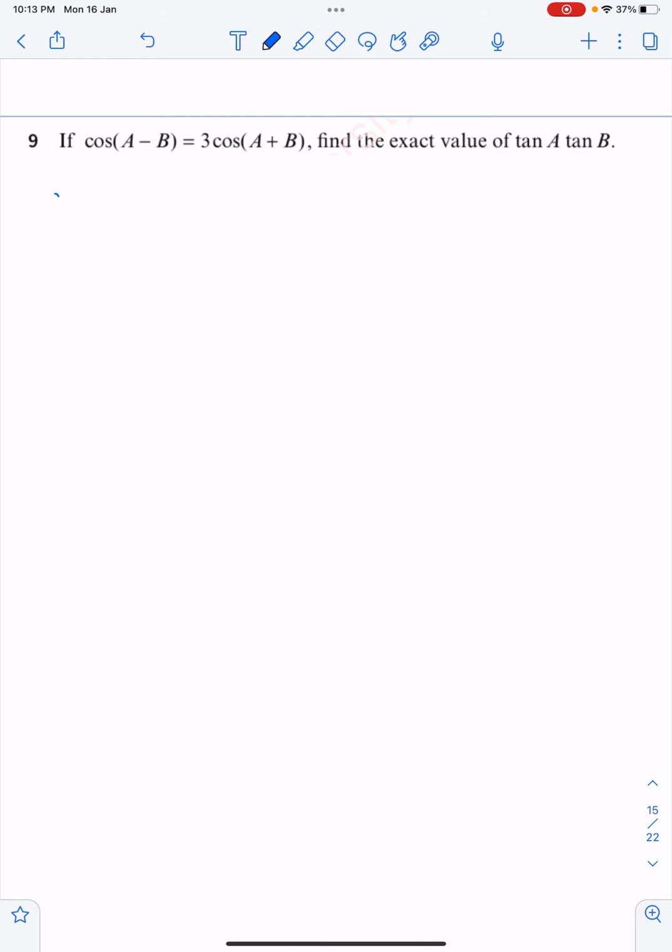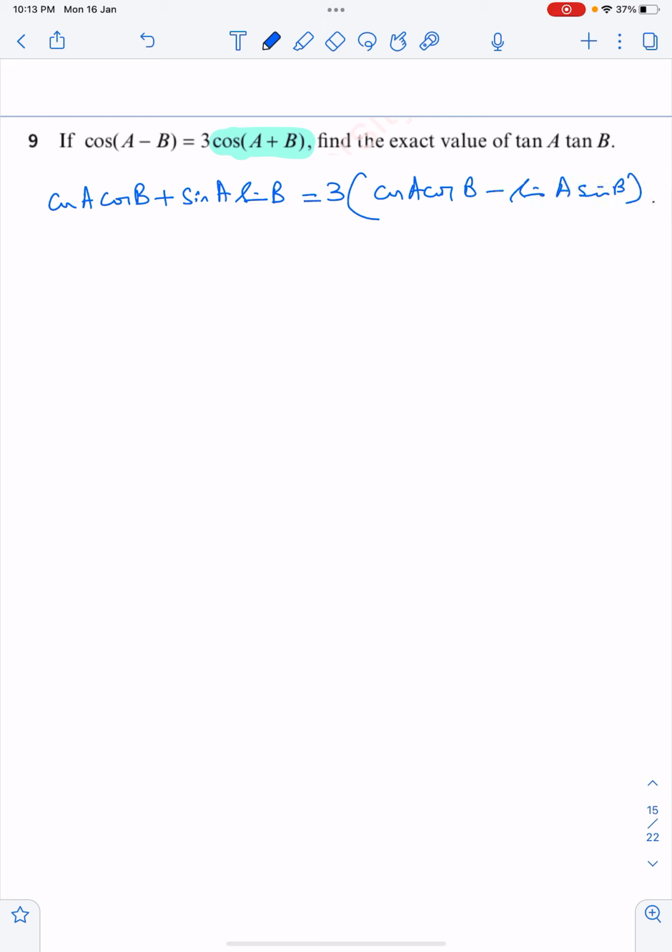Cos of A minus B is equivalent to cos of A cos of B plus sine of A sine of B, equals 3 times cos of A plus B. So it's going to be cos of A cos of B minus sine of A sine of B. Let's simplify, because we have to find the value of tan of A tan of B, and tan is sine upon cos. So we have to do something so that sine comes in the numerator and cos goes in the denominator.